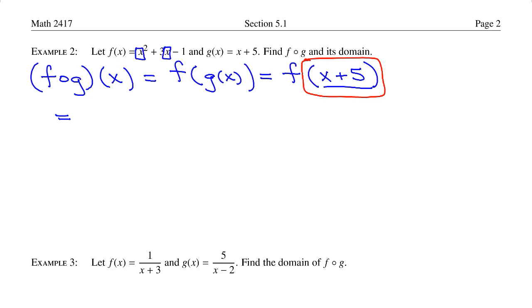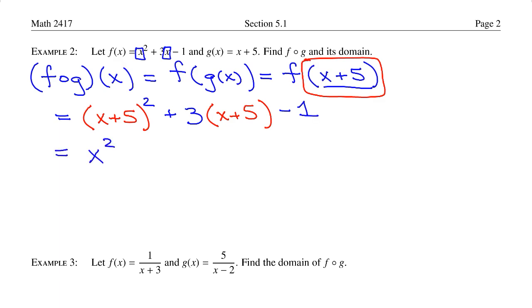And so we get, doing it in red for you here, x plus 5 squared plus 3, and then there's another x, so that's another x plus 5, close parenthesis, minus 1. And then you need to work this out, and there's a shortcut here.